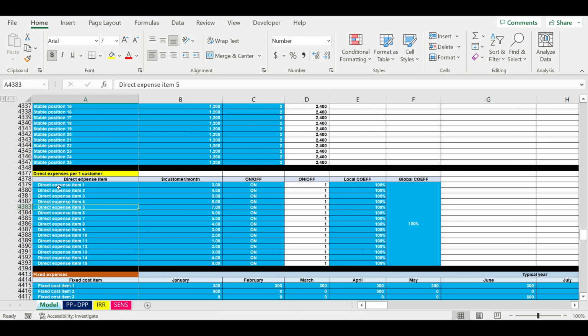You will calculate the wrong revenues, direct expenses, profits, and money you need to start the business, and so on. Then in our business idea, we may have some fixed expenses, but they may have some seasonality. So that's why we create a typical year.